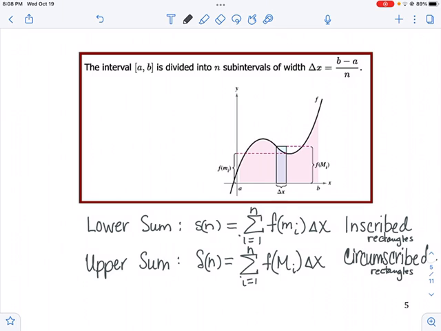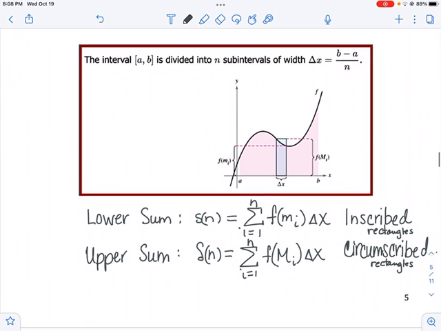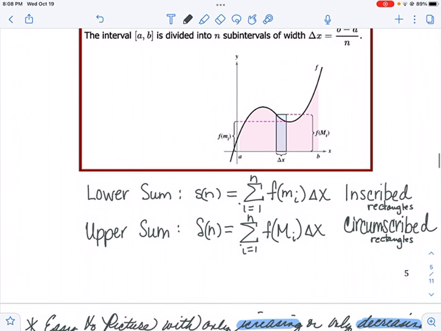The lowercase m would produce inscribed rectangles for that area, whereas the capital M would produce the circumscribed rectangles going outside of the function, above the function or below the function. It happens to be below the x-axis.